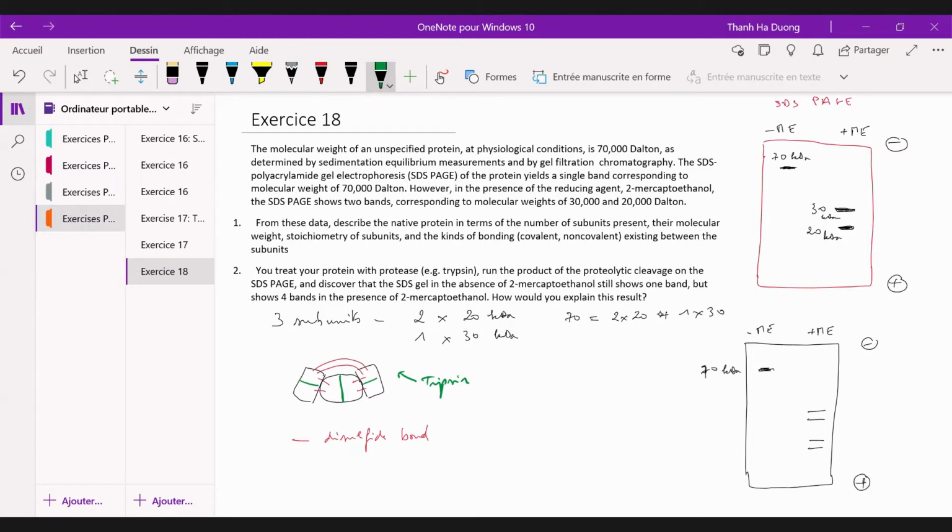So that's why we still have one band. But if we have trypsin digestion in the presence of mercaptoethanol, you will break all the disulfide bonds, and you will obtain the four bands.